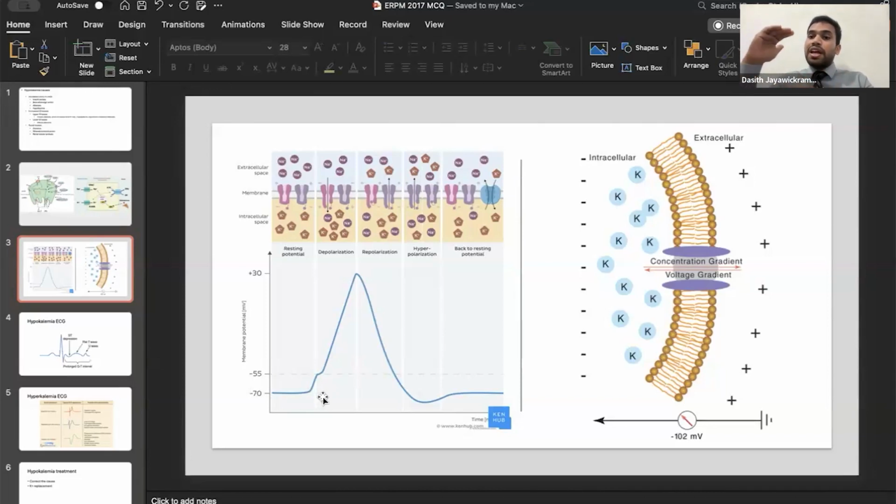But if it's -50 and -90, there's a 40 gap. So the cell cannot be depolarized, and in turn the contraction is reduced. That is why hypokalemia causes paralytic ileus: the smooth muscles cannot contract, because depolarization is difficult due to the increased electrical gradient. Did you understand what I said?